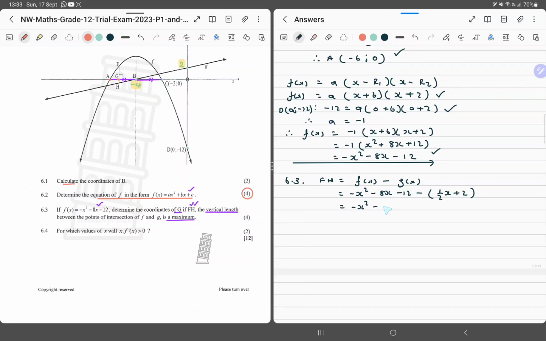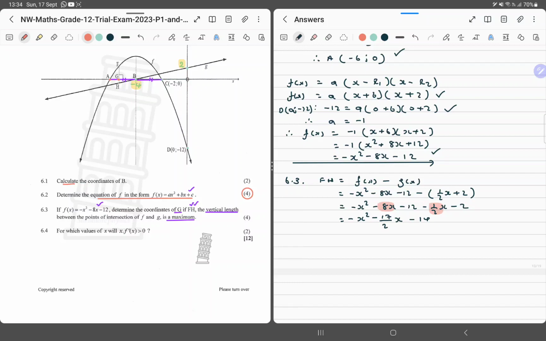It's minus x squared minus 8x minus 12 minus a half of x minus 2. Now we've got minus x squared minus. Now if you solve these two like terms, minus 8 and that, you just multiply that, it's going to be 16 minus 1 is minus 17 over 2x, and then this is going to be minus 14.